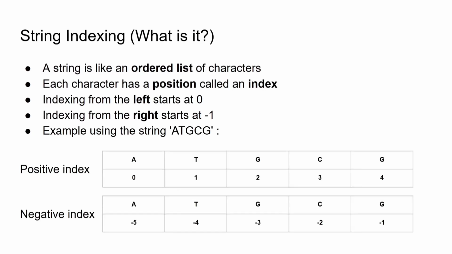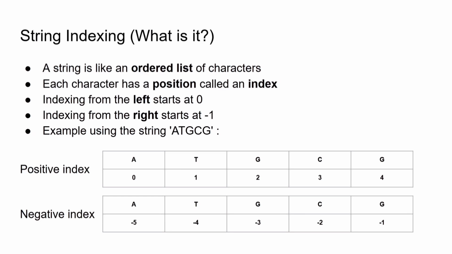String indexing means that each character in a string has an index associated with it. Let's say our DNA sequence is ATGCG. The first character A has index 0, the second character T has index 1, G has index 2, C has index 3, and the last character G has index 4.